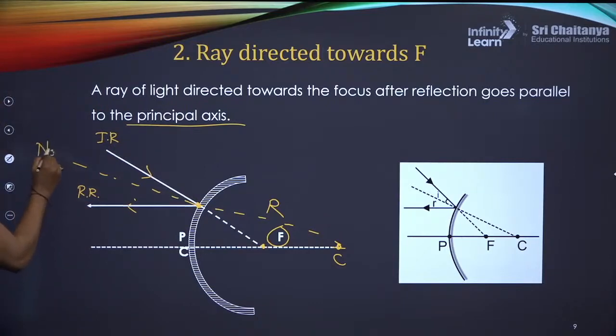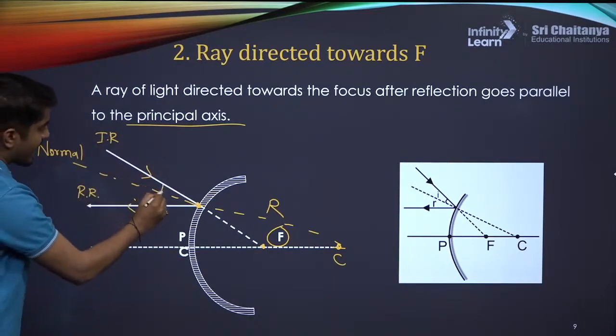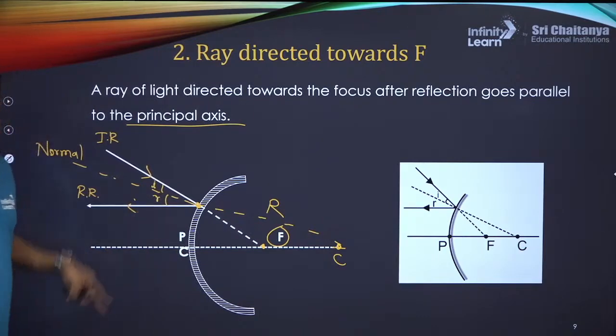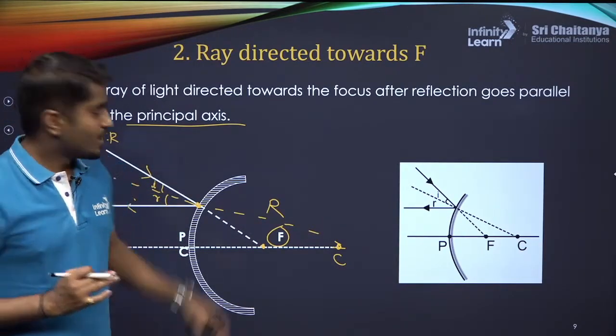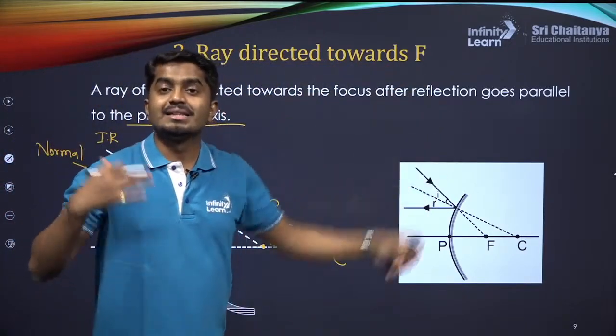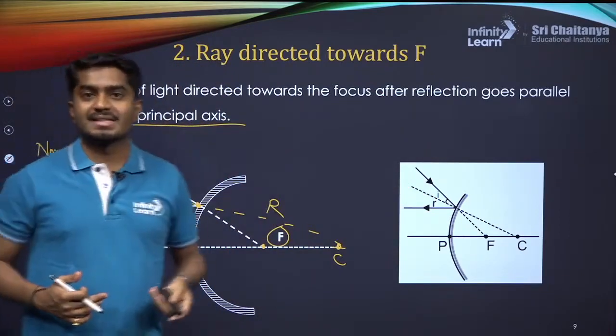There is a normal. This is the incident ray and the normal. So this is the angle of incidence. This is our angle of reflection. So the angle of incidence and angle of reflection are equal. That is why whenever the ray is directed towards the focus, the reflected ray goes parallel to the principal axis.